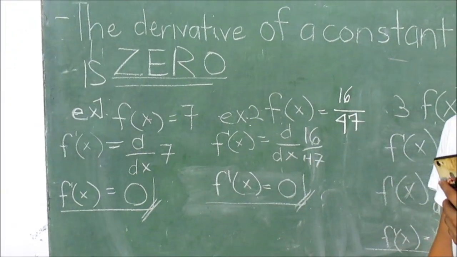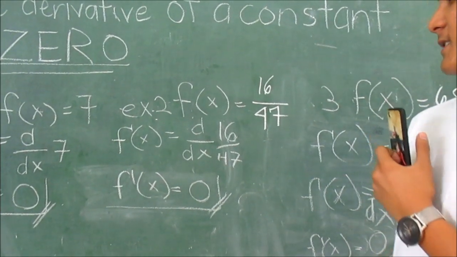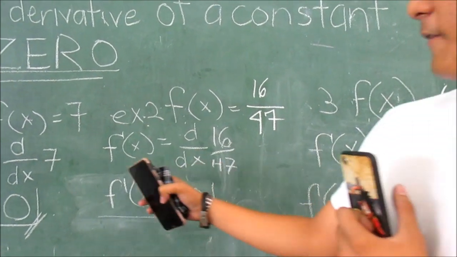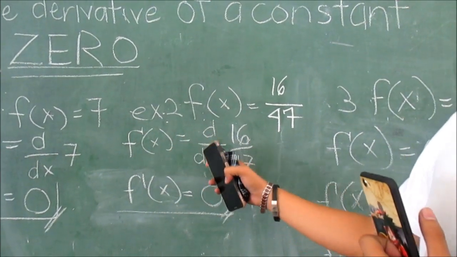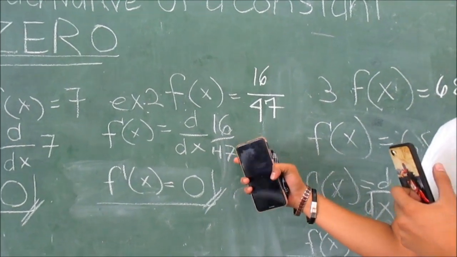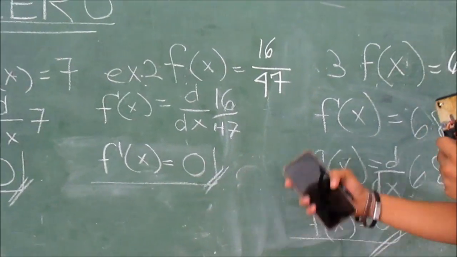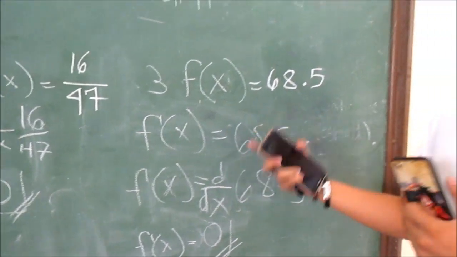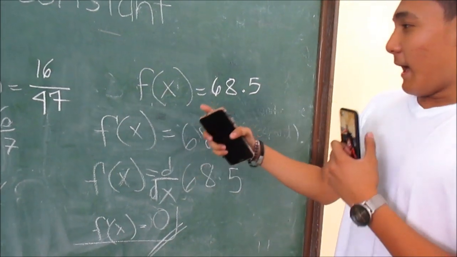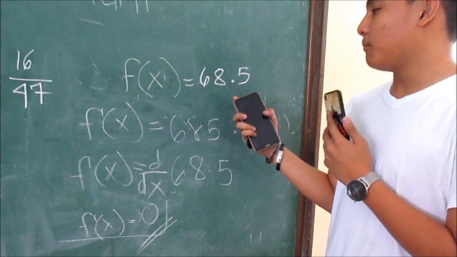Example number 2: f of x is equal to 16 over 47. F prime of x is equal to the derivative of 16 over 47. Since there's no variable, the answer is 0. And the last example is f of x is equal to 68.5.